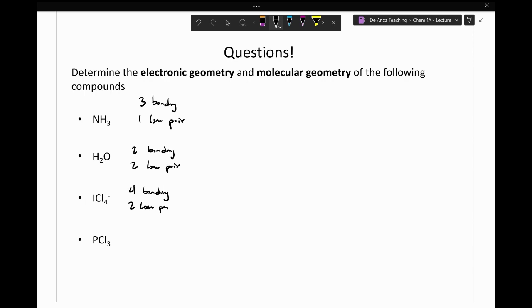And then PCl3 is 3 bonding and 1 lone pair. And so what that means is that for the electron geometry, which I'll just put EG for electron and MG for molecular, we take the sum of our bonding and lone pairs. So that's 4 electron groups. So that's tetrahedral.